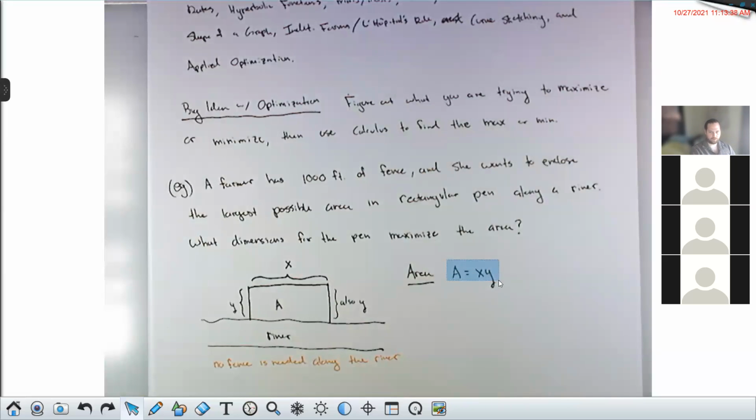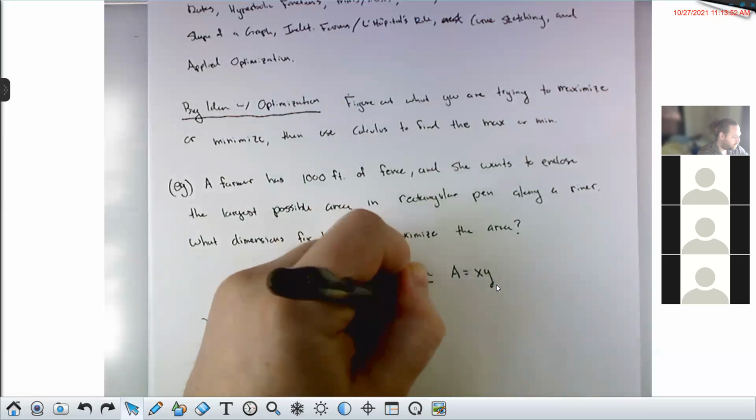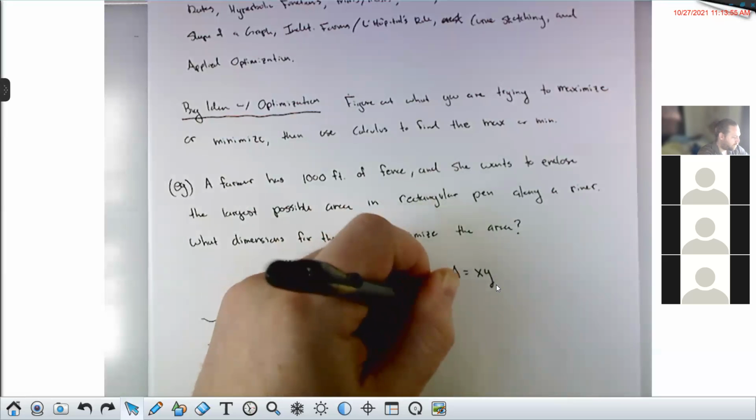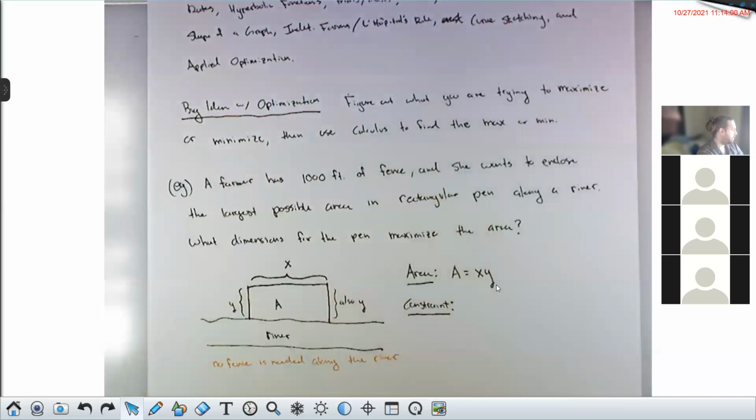Now, a few issues. This is a function of two variables. I don't know how to maximize those, but also on its own, this doesn't have a max or a min. There is another bit of information called the constraint. What restrictions are in place here? 1,000 feet. Yeah, the farmer only has 1,000 feet of fence to work with. So the constraint here comes from the amount of fence I have.